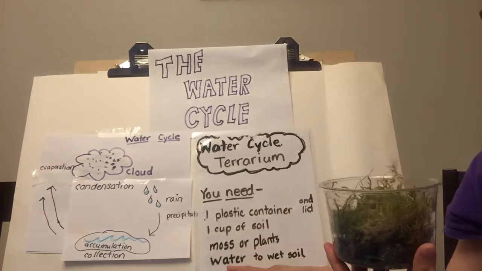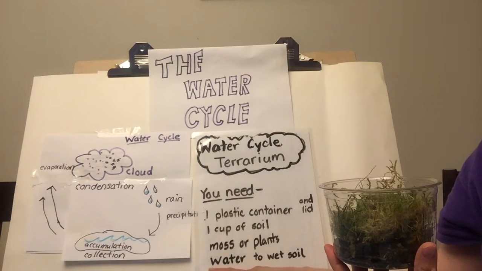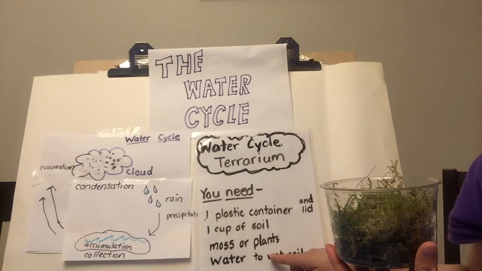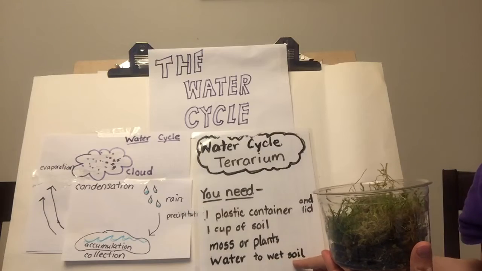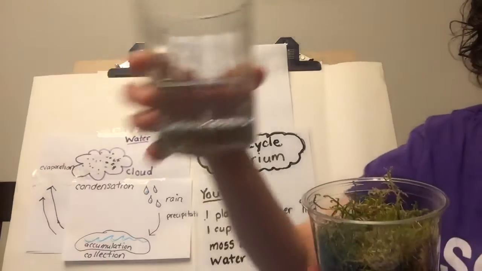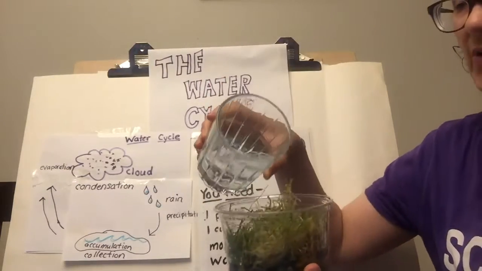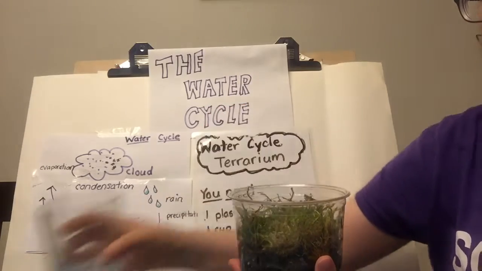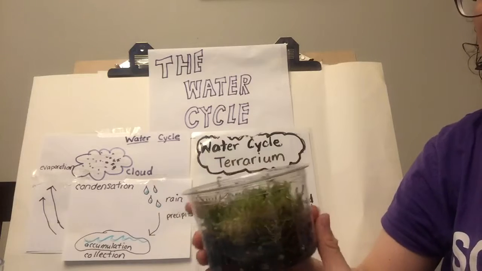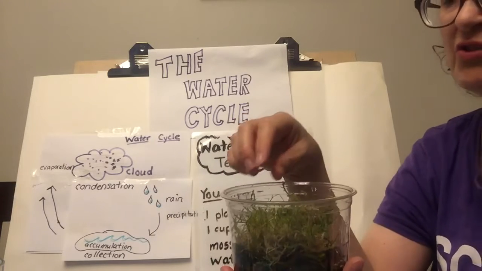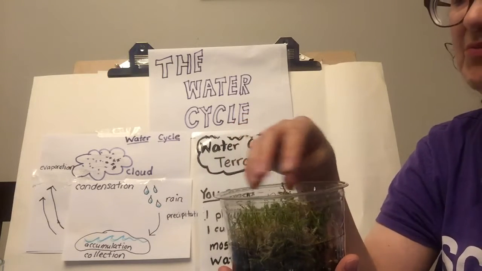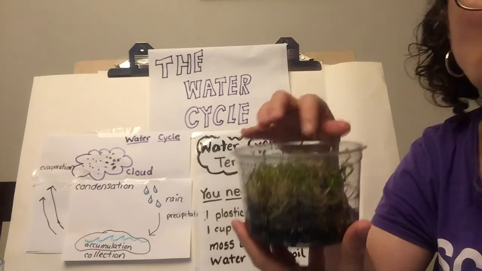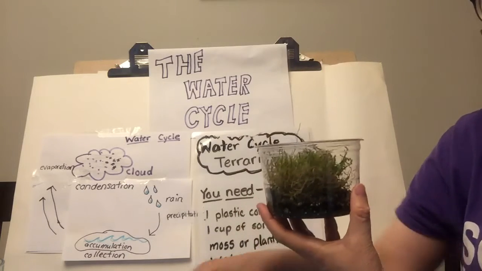Now the last thing we need is some water to wet the soil. So I'm going to take some water here. I'm going to pour it in. There, now my moss. You can also use grass, a small plant, and now it has water inside.